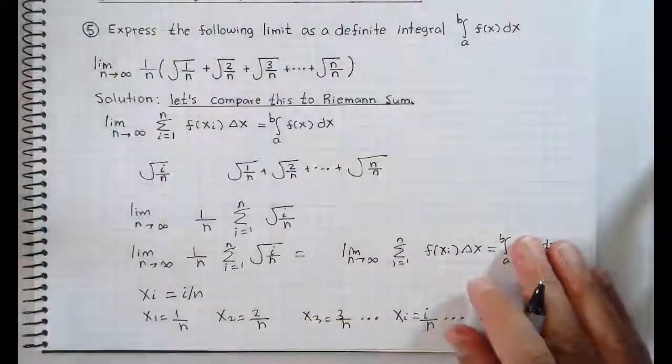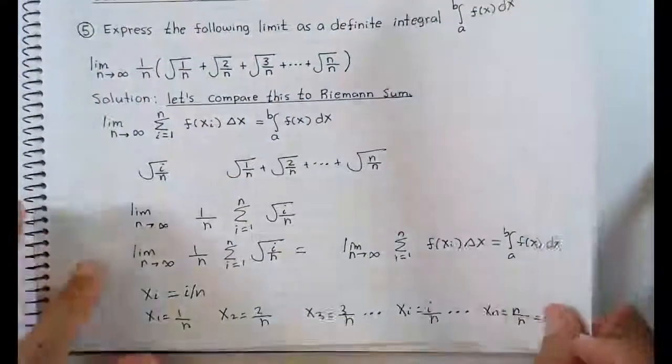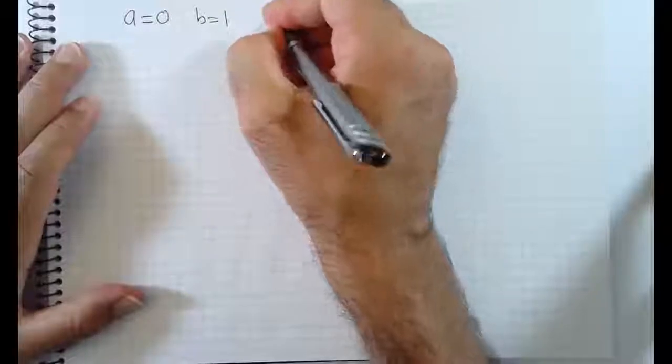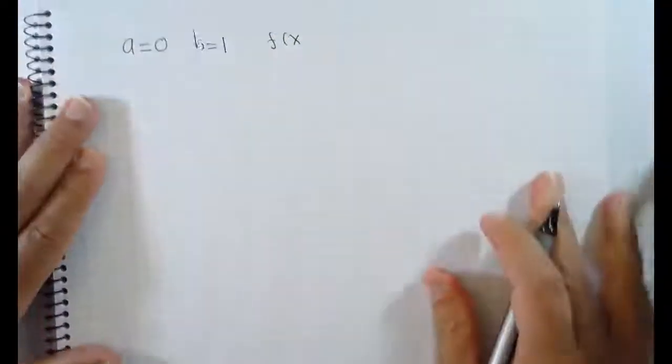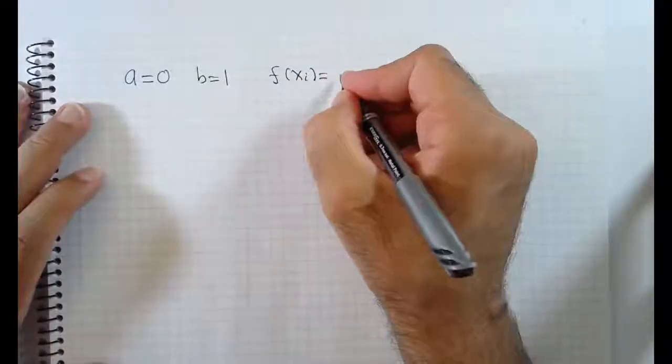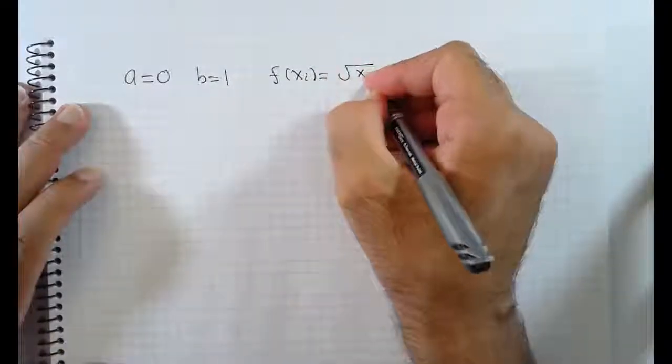So we can now see that what we have is a is 0, b is 1, f of xi is equal to root xi.